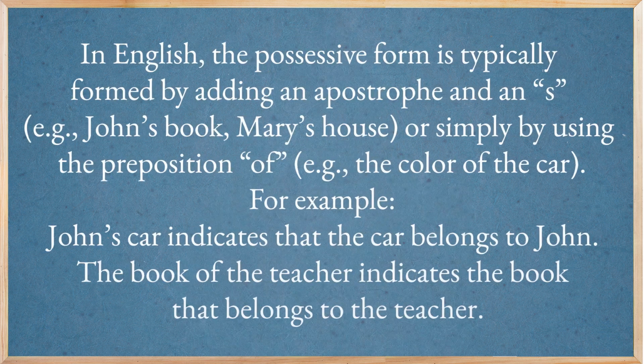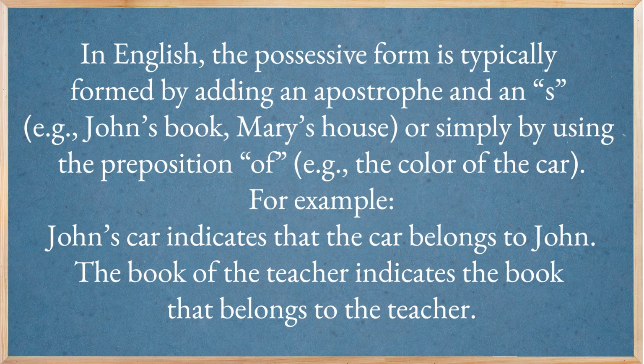In grammar, possessive forms are used to show ownership or relationship between a noun and something else. In English, the possessive form is typically formed by adding an apostrophe and an s.